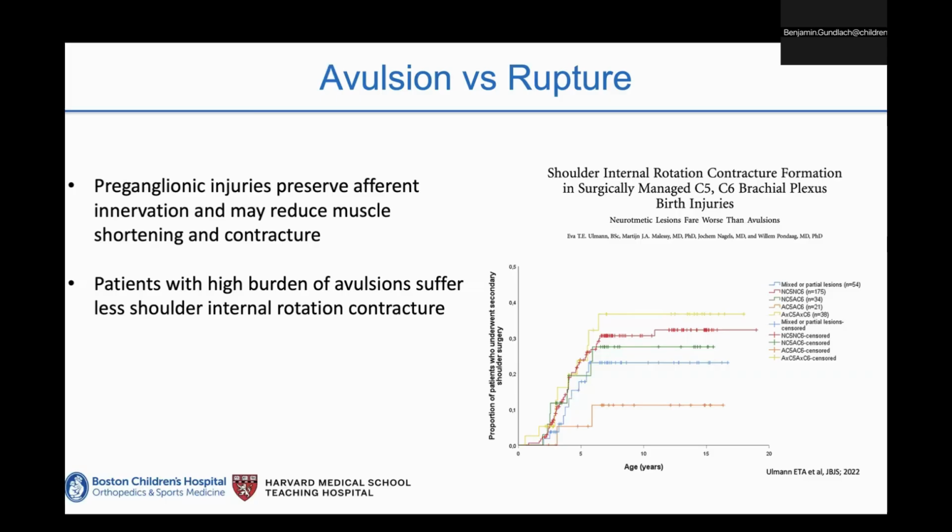And what they showed was very similar to what Dr. Cornwall showed, in that patients that had a higher burden of avulsion, specifically patients that had avulsions of both C5 and C6, had dramatically less internal rotation contracture compared to patients that had rupture or postganglionic injury of C5 and C6.